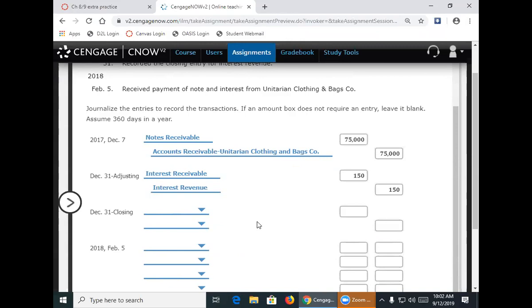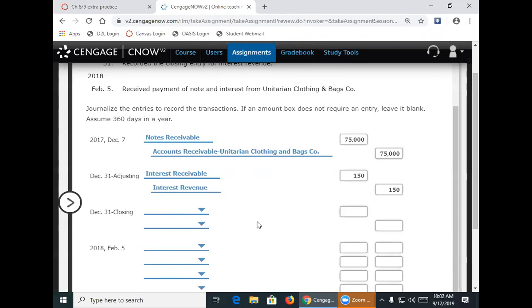So at that point, I would want to calculate the total interest due. So 75,000 times 3% times 60 over 360. How much interest are they paying me total on this note? 150 plus... 375. Very good, yeah, 375 total.